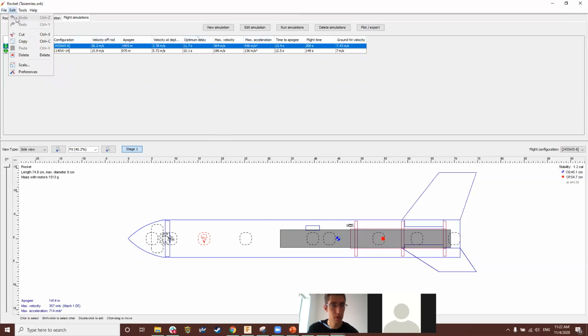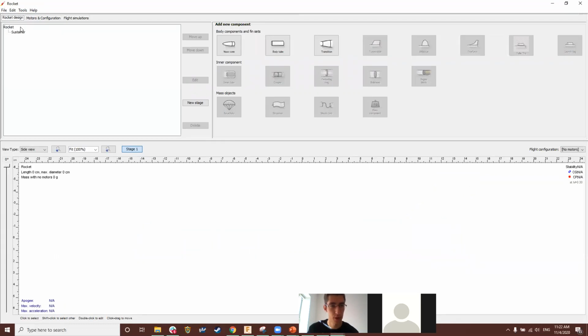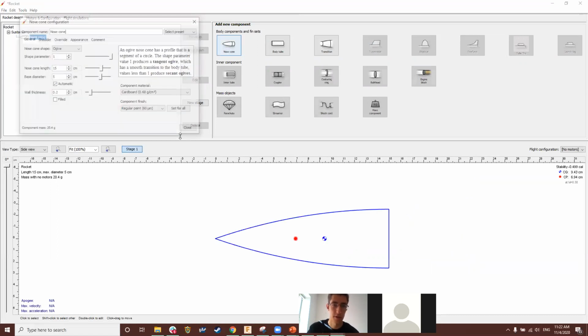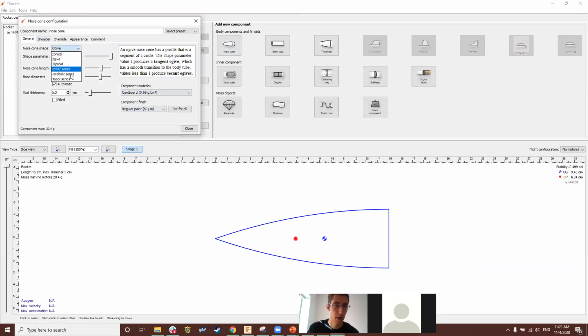Okay, so once again, just to show you how we designed the rocket, you can start with a nose cone, bunch of shapes to start with, use some shape parameter and see how it changes. Try to make it as accurate as you can, although you don't need to be very specific, because the most important thing, what you need to know is the optimum delay.